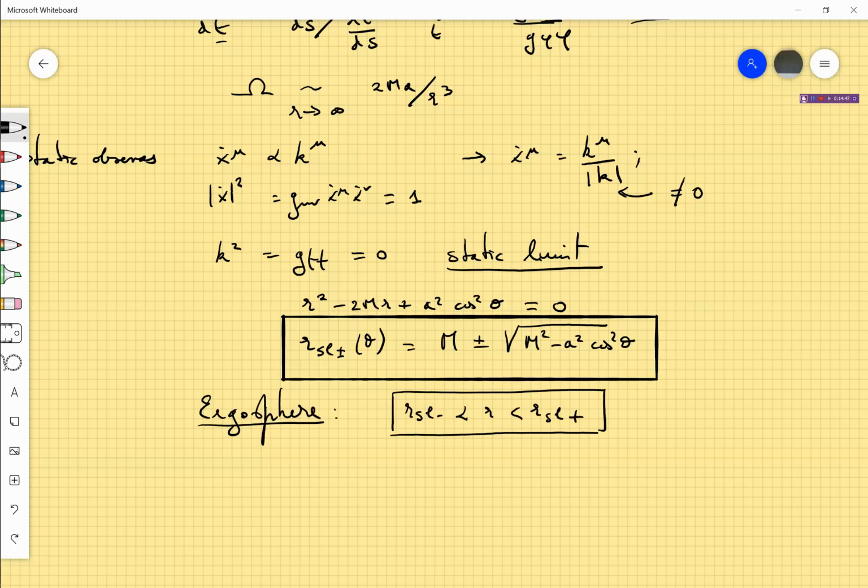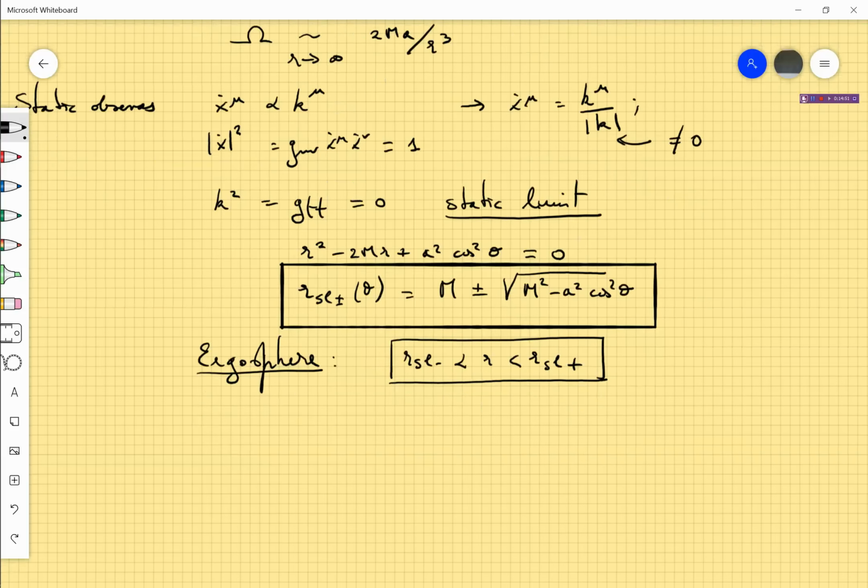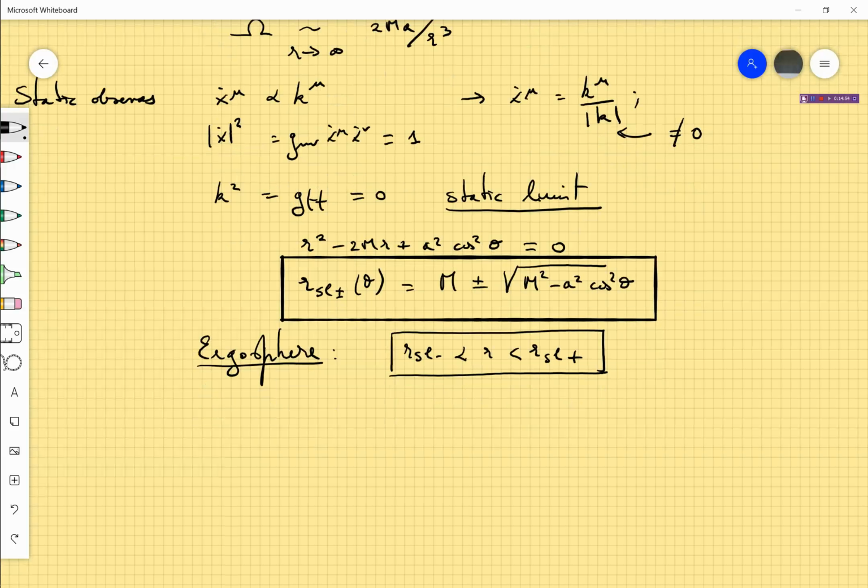It has an exterior limit and an interior limit. Okay, in this region, you can check that g rr is larger than 0.